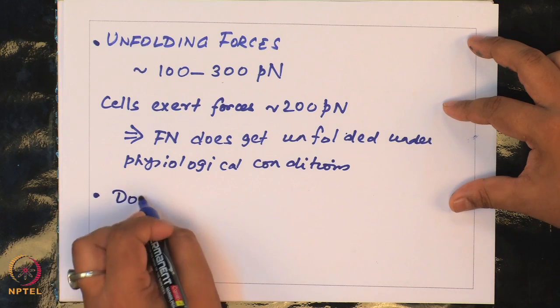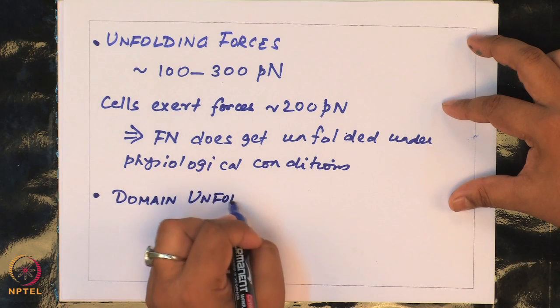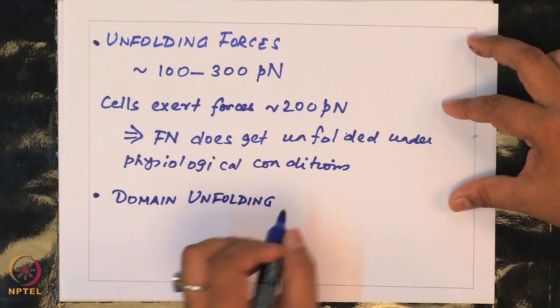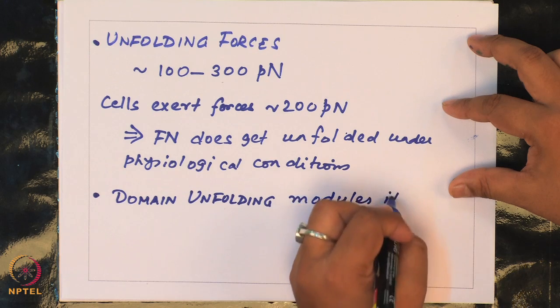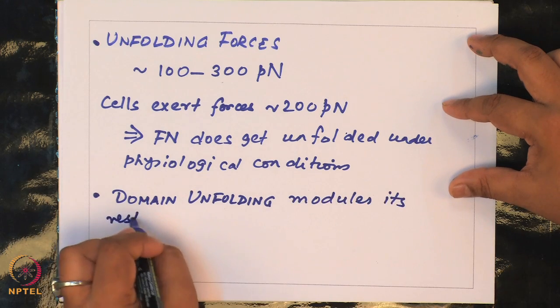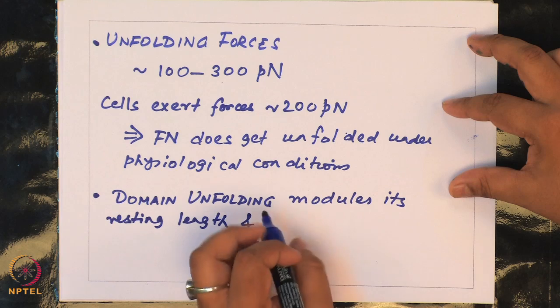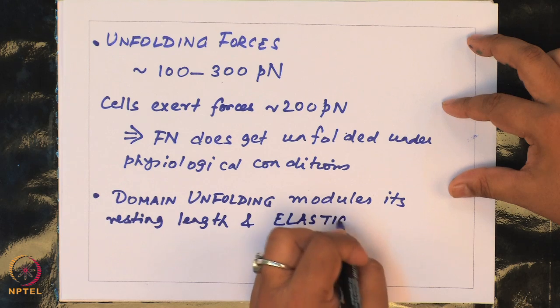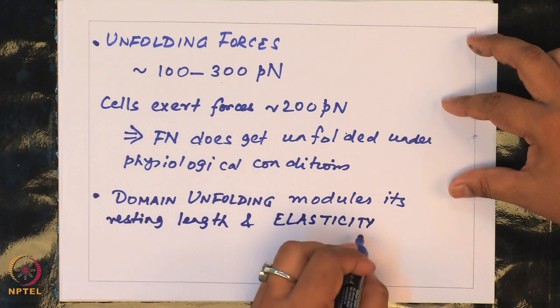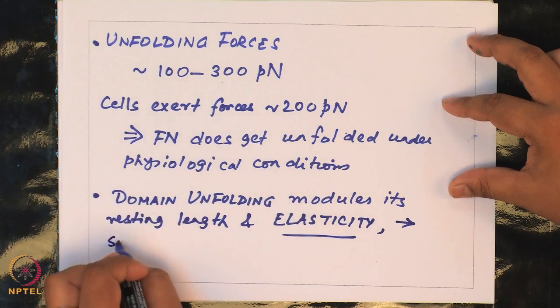So, domain unfolding, in a sense, modulates elasticity. Okay. And of course, the signaling.